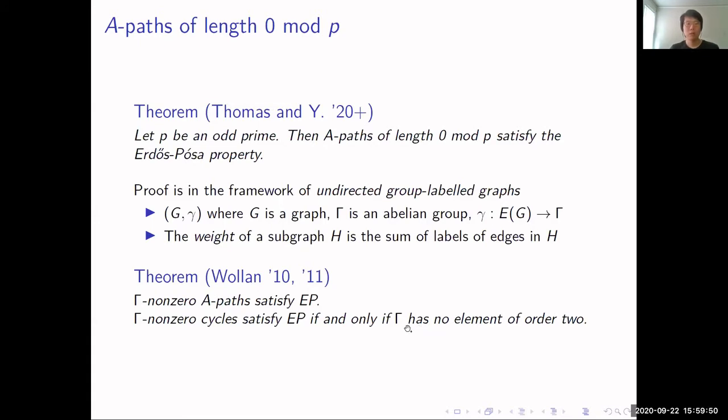Wollan was looking at them in undirected group labeled graphs, and he showed that non-zero A paths, so paths whose labels sum to a non-zero element, satisfy the Erdős-Pósa property, and non-zero cycles satisfy the Erdős-Pósa property if and only if the group has no element of order 2. Again, if the group has an element of order 2, then the odd cycle example gives you a counterexample. But as soon as you don't have any element of order 2, the Erdős-Pósa property is satisfied for non-zero cycles.